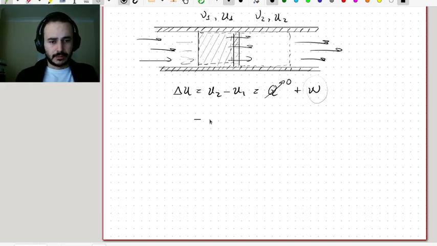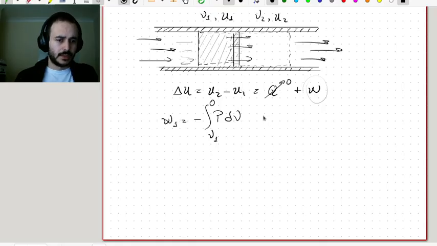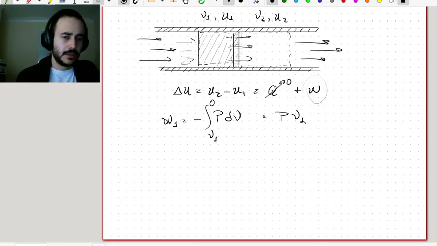Well, that's minus the integral of pressure P dV, where V is specific volume, and the specific volume starts being V1 but ends up being 0. This is, if you like, work 1. And this is nothing but PV1. Okay, that's the result of it. So that's the work that the gas that goes after is doing by pushing your system through the plug.